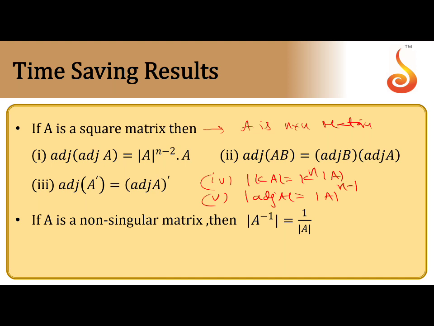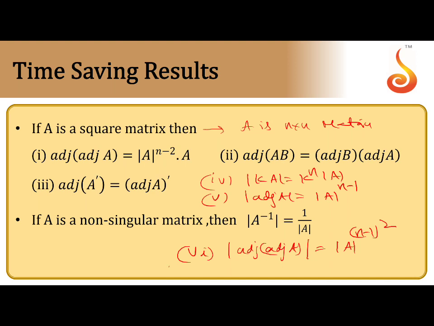Next, sixth property, det of adjoint of adjoint A equal to det A whole power n minus 1 whole square. So for one adjoint A, it is det A whole power n minus 1. Adjoint of adjoint A, det A whole power n minus 1 whole square. Next, suppose one more adjoint, that is det A whole power n minus 1 whole cube. So keep on increasing that.